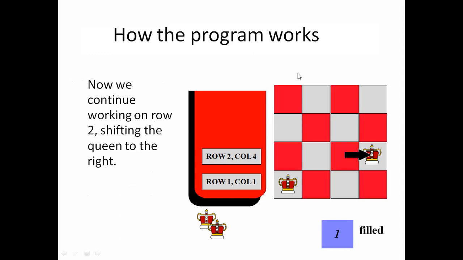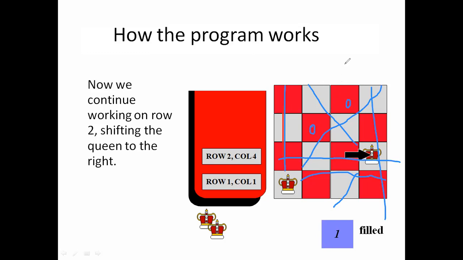Now what will happen? As I said, for this one we cannot fill it, and this diagonal and this diagonal, this row. For this one, this is the diagonal and these are the diagonals, and this is the column and this is the row. We cannot place in these places, so the empty places are this one and this one.